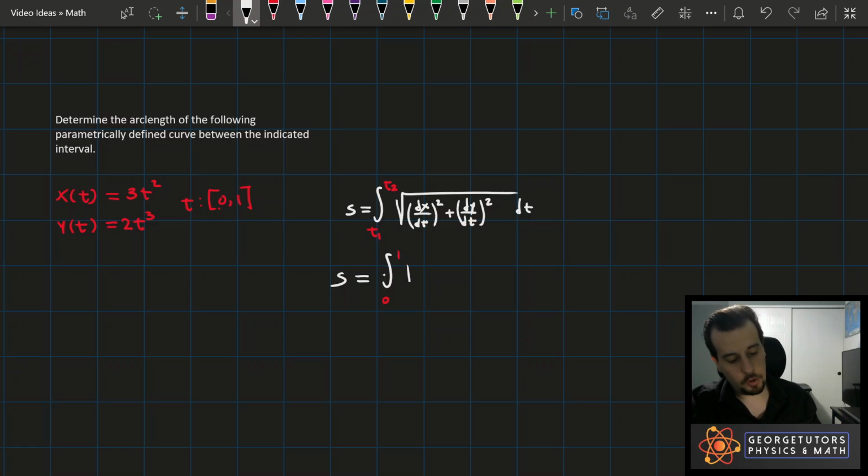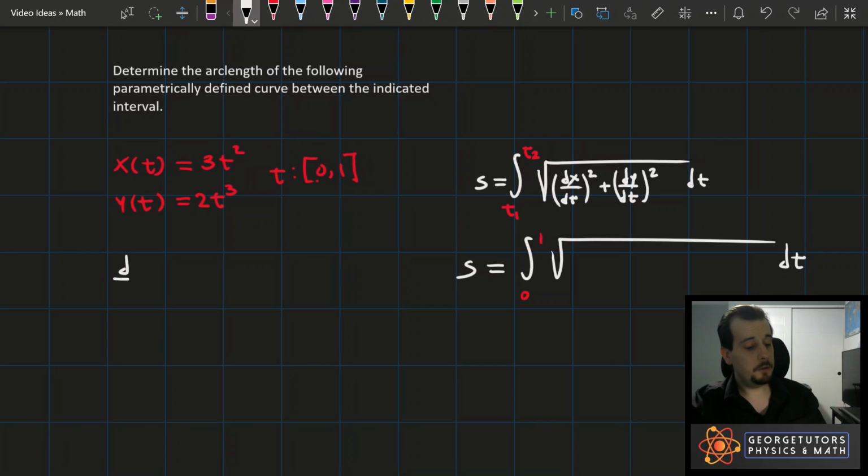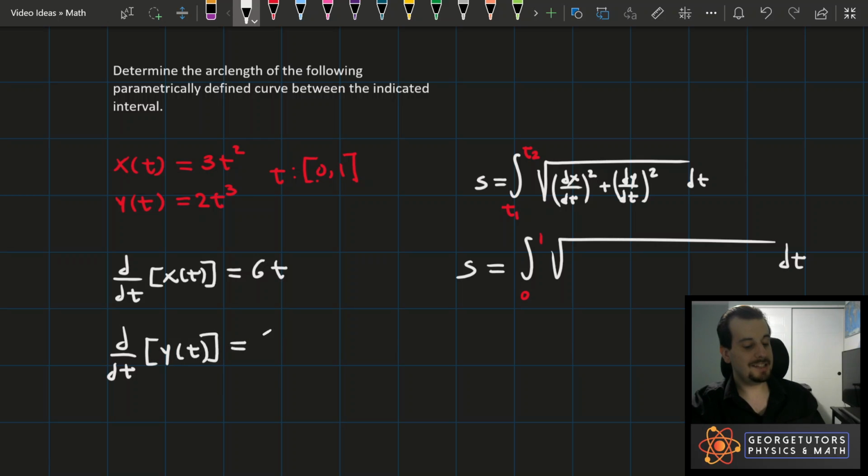But what's going to go under the square root right now? Well, we have to take the derivatives, right? So the derivative of x with respect to t is simply going to be 6t. And the derivative of y with respect to t is simply going to be 6t squared, as you can see over here as the 3 drops to a 2.